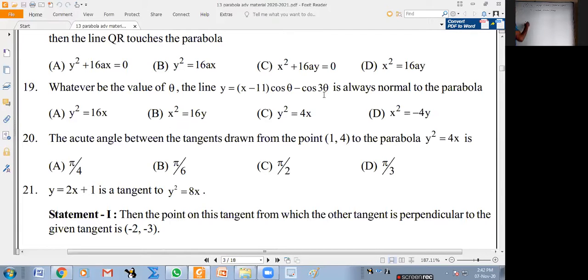Everything is fitting. If we compare this with y equal to mx minus am cube minus 2am, you can see m is cos theta, and a is 4 if you take 4 cos cube theta. So by comparing these two, m is cos theta and a is 4. Because a is 4, the corresponding parabola y square equal to 4ax is y square equal to 16x. So whatever theta you take, it is always normal to y square equal to 16x.